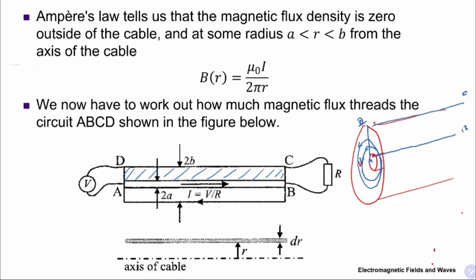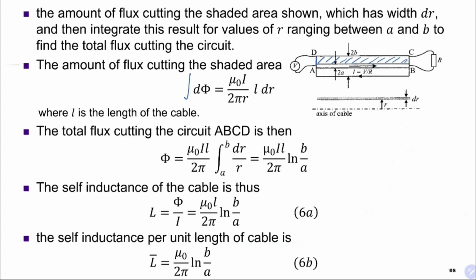Whereas in this case, the flux is not uniform across this space. It's higher, the flux is stronger here, and as you go further out, the magnetic flux density decreases with distance. And therefore we have to do an integration here.